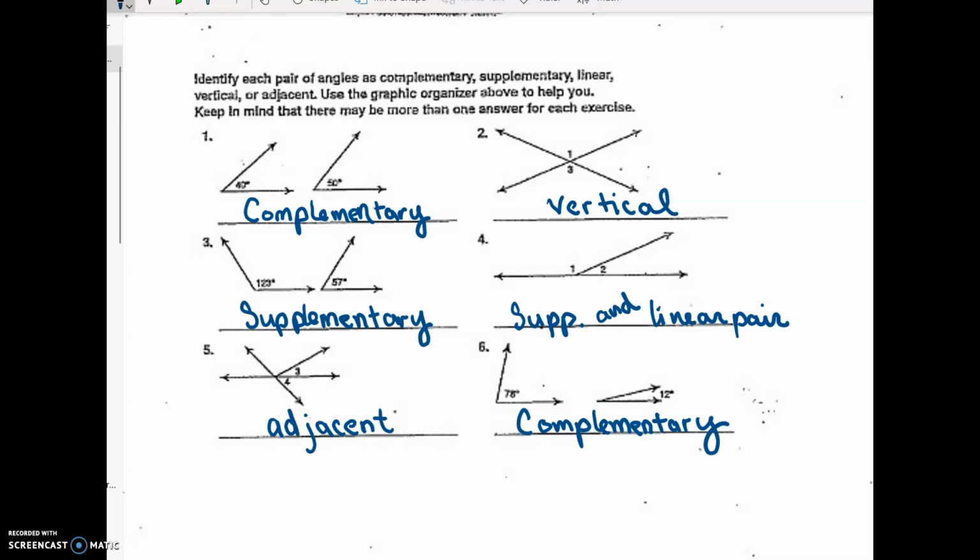You could say they were adjacent also, but a linear pair is actually a little more appropriate because linear pair includes that they're adjacent to each other. So that would be a better answer. Here, these angles are adjacent, and then these two add up to 90, so they're complementary. So just check those, okay?